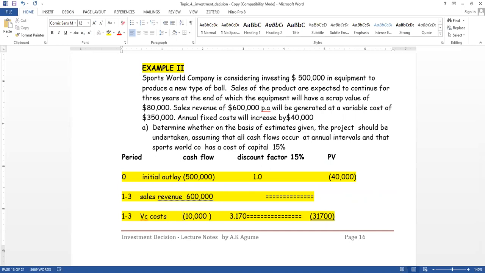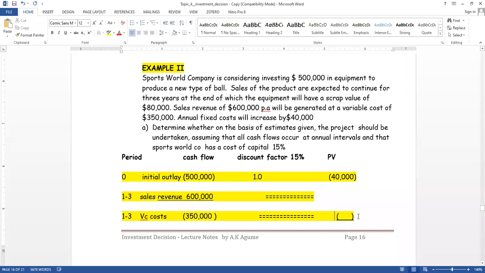The variable cost is 350. Okay, and of course it is an outflow. So you look for its discount factor.